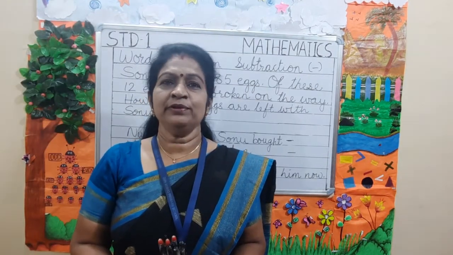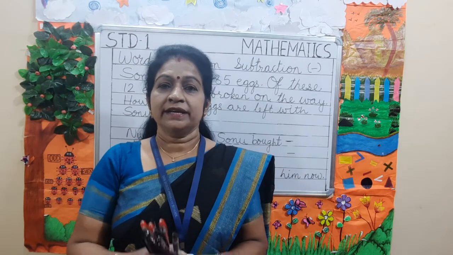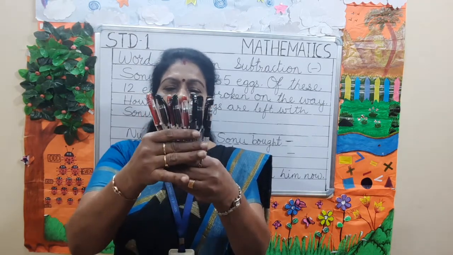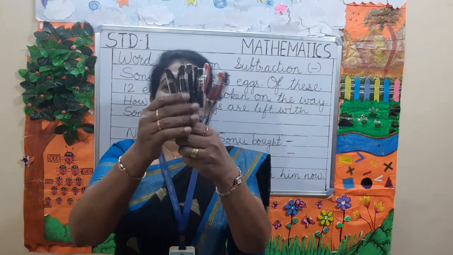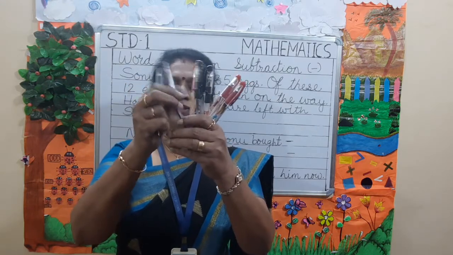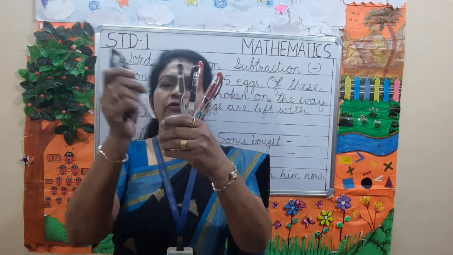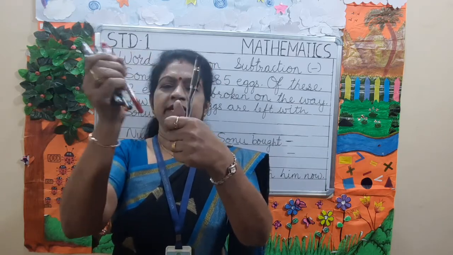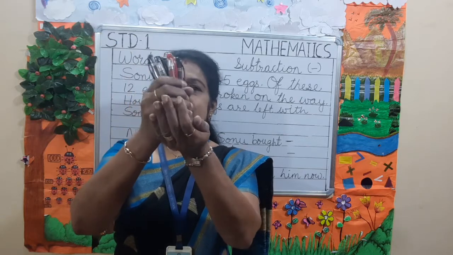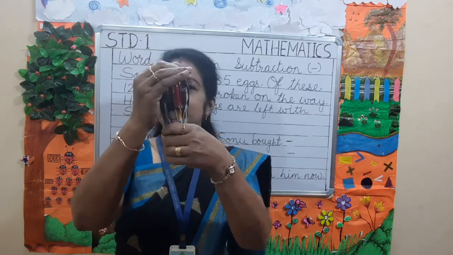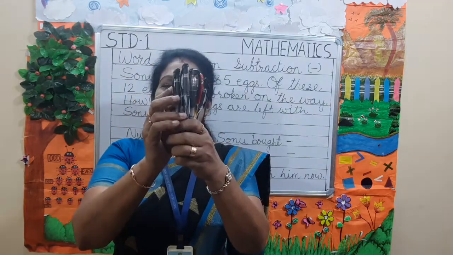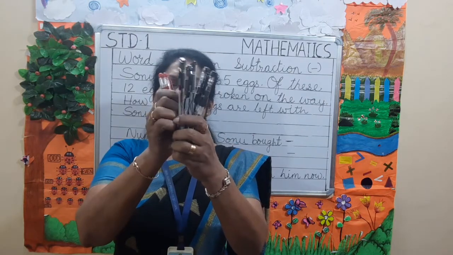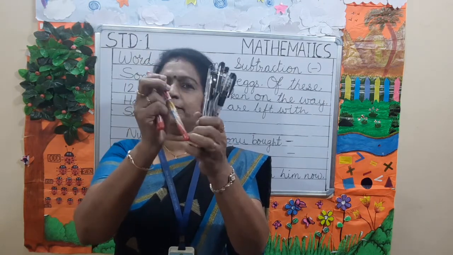Children, now we will be doing word problems on subtraction. Here is an example. See, here are some pens. I am counting it. 1, 2, 3, 4, 5, 6, 7, 8, 9 pens I have. So I am taking away 3 red pens from here.